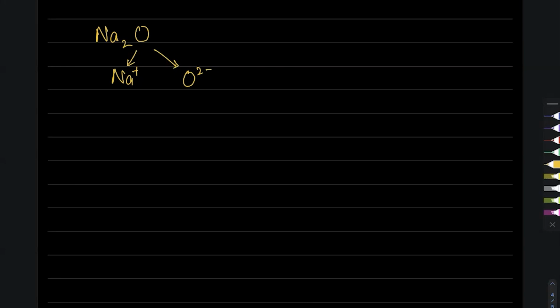When it reacts with water, it takes water's H positive ion. So let me take this thing and react it with water. It's going to take the hydrogen from water and form what? If oxide accepts one H positive, what will it become?